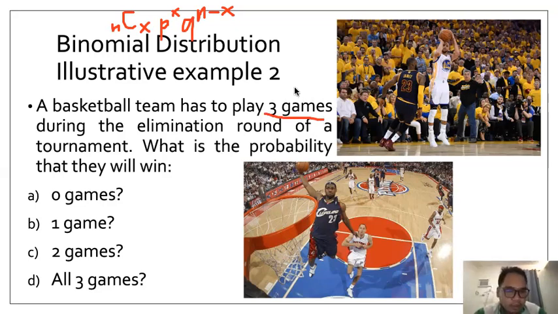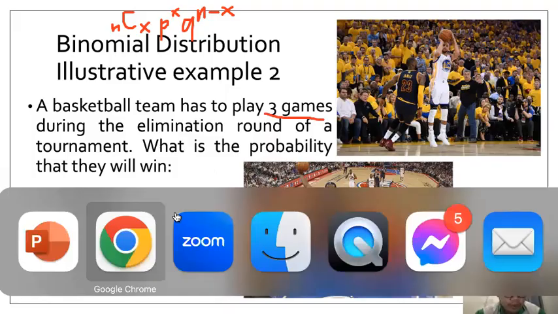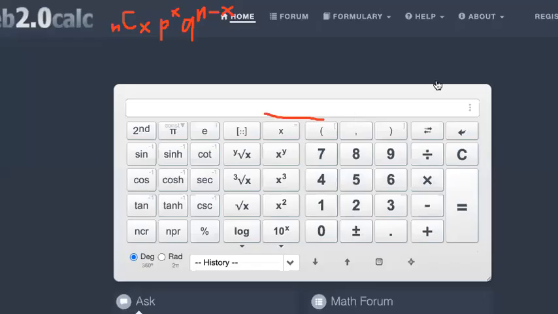And we know in a basketball game that if you play randomly, you have 2 outcomes. You either win or you lose. So what's the probability that you're going to win 0 games? Let's try to use this formula to answer that question.